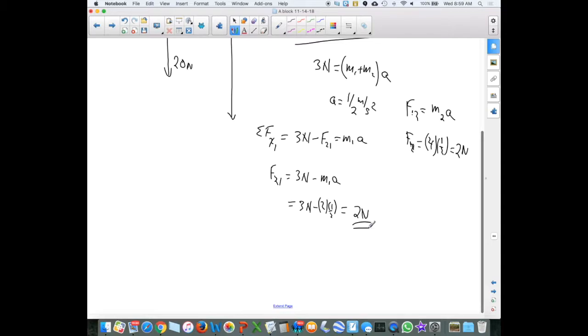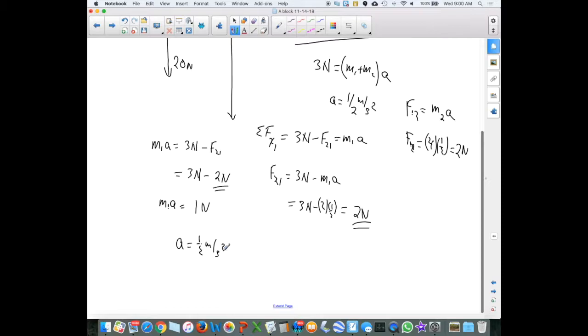Or if you look at it from the other perspective and solve for the acceleration, M1A is 3 newtons minus F of 2 on 1, 3 newtons minus the 2 newtons that I found from the first equation, would give me M1A is 1 newton, so A is equal to a half meter per second squared. So the results are consistent, right?